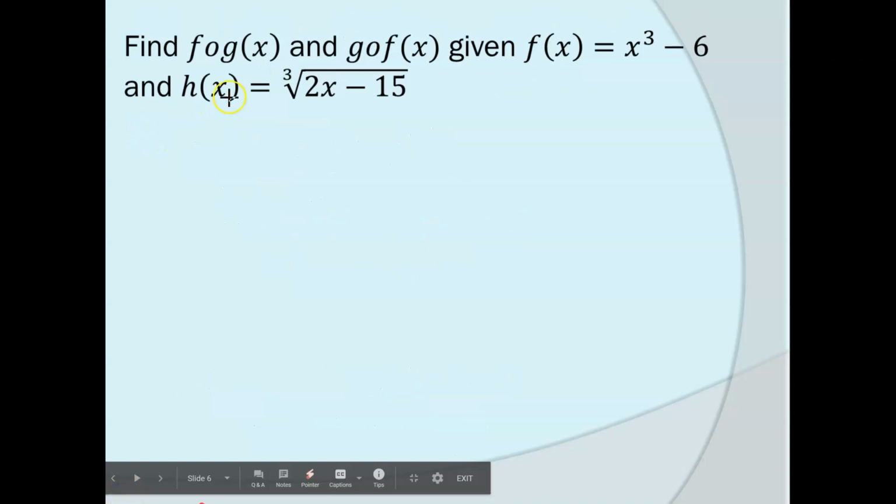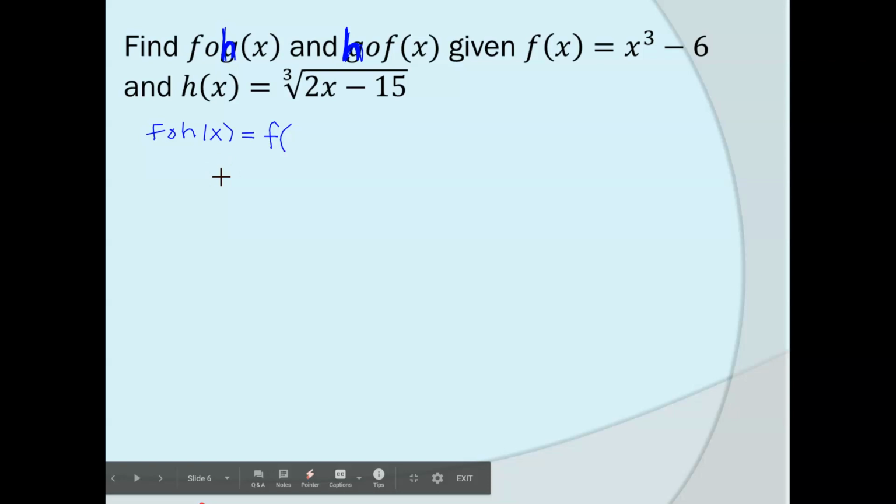All right, let's look at another example. So we want to find f of h of x and h of f of x. Sorry about that. Those g's should be h's, or you have to make this h a g. Both will work. So f of h of x means that everywhere f has an x, we're going to replace it with h.